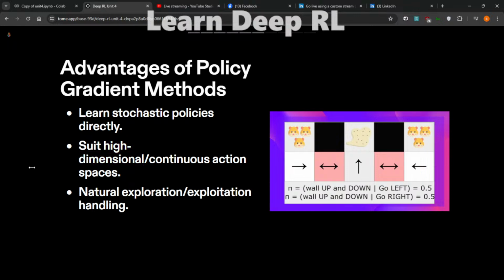Another comparison to draw is that a lot of people have learned about LLMs and token generation. Token generation follows that stochastic probability distribution, where the next token maybe has an 80% probability of leading to the optimal reward.